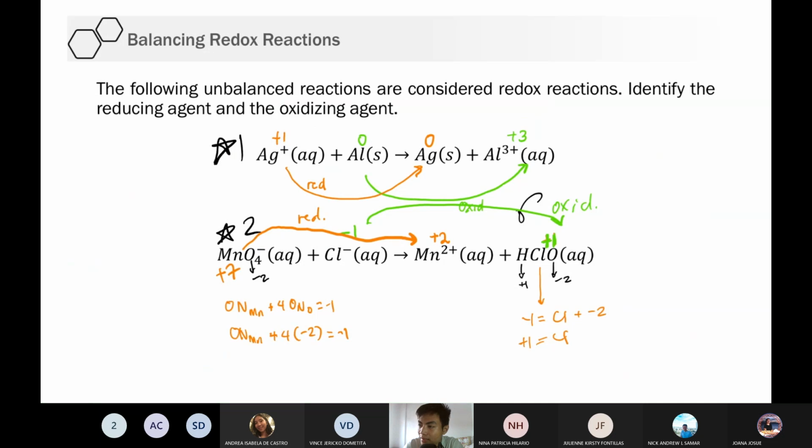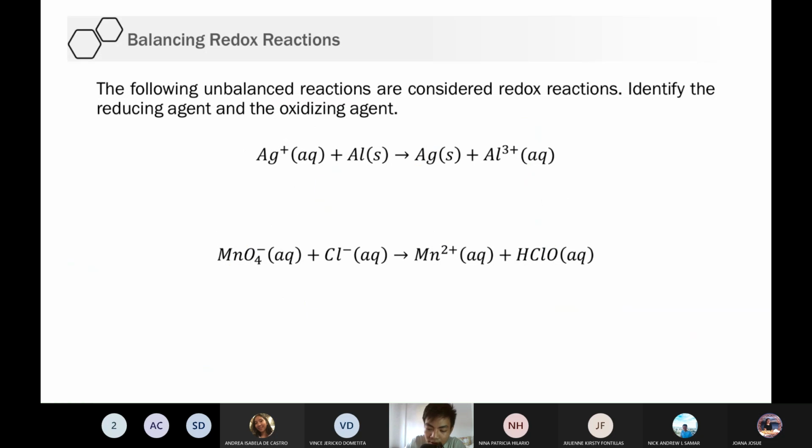Erase ko muna lahat na nakalagay. Pwede naman siya screenshot kapag naka-video na to. Okay? So, this one is reduction. Yung mga orange, reduction yon. And yung green ay yung oxidation. Okay?